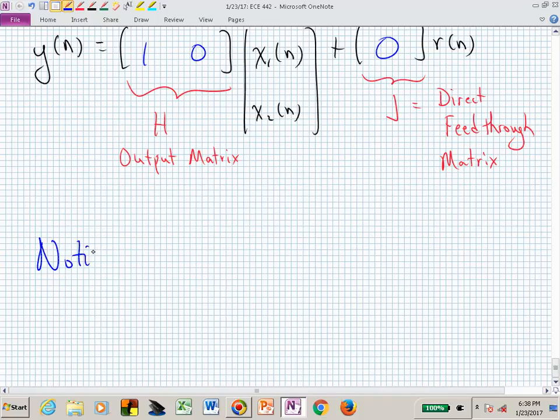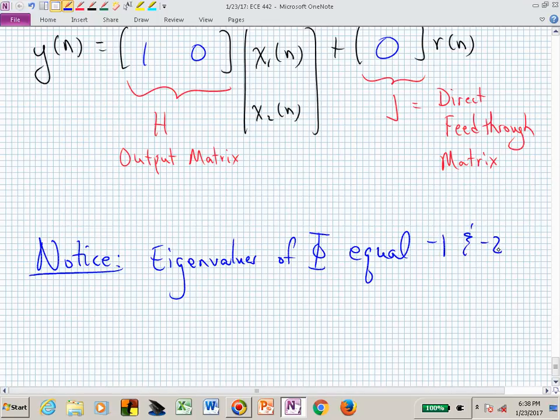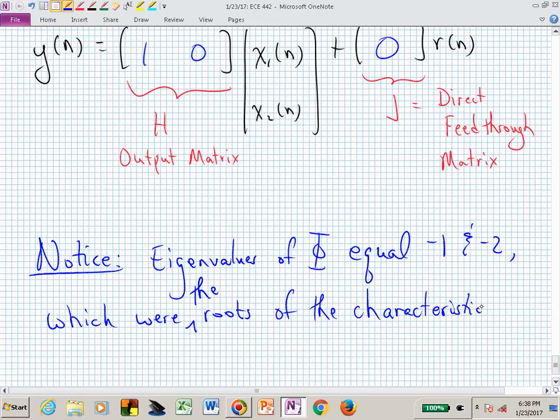Or notice that the eigenvalues of our system matrix phi equal -1 and -2, which were the roots of the characteristic equation.